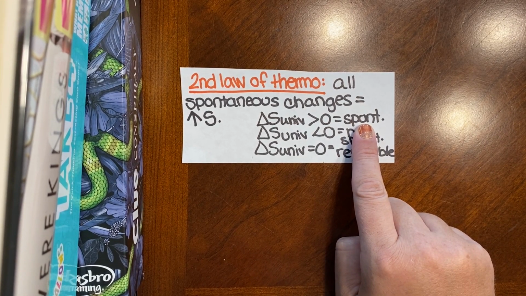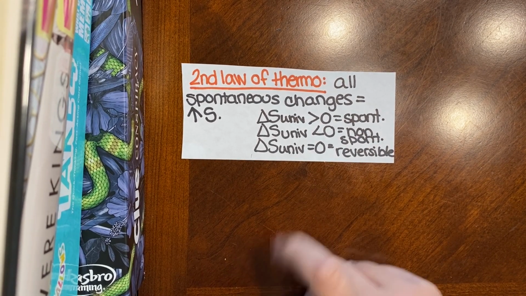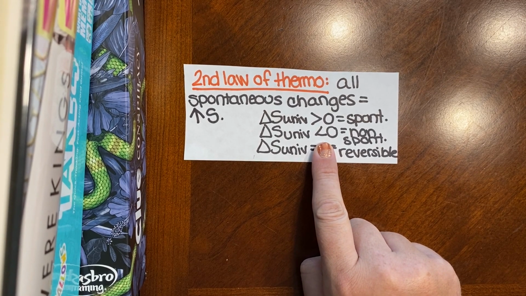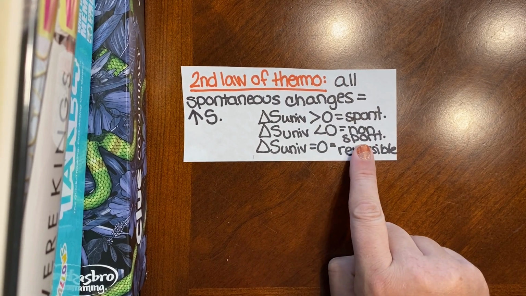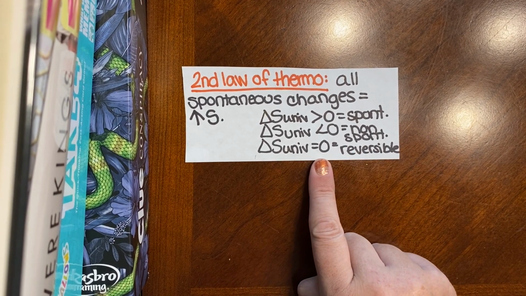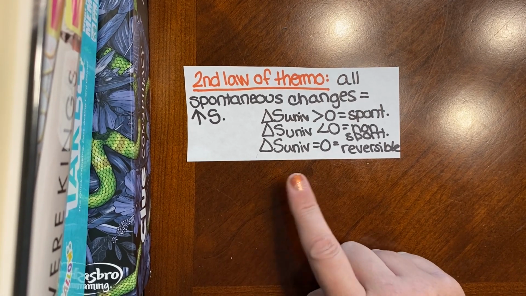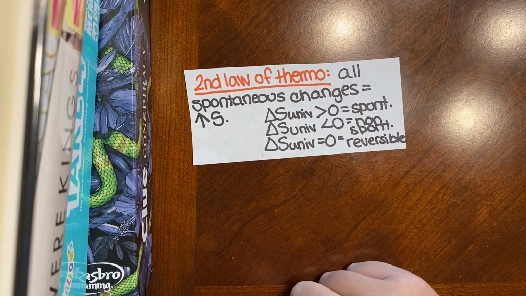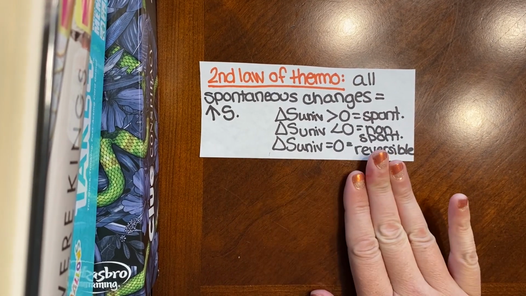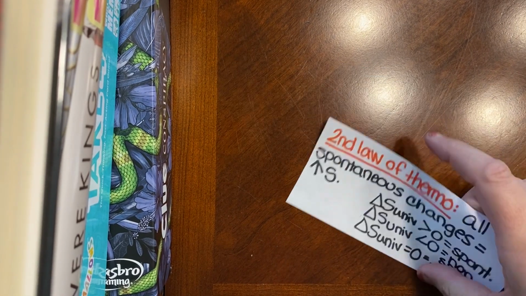So if you have a positive ΔS, it's going to be spontaneous. If the change is less than 0, so a negative ΔS, it's going to be non-spontaneous. And then if it is 0, that means they're at equilibrium. And in the last video, we said that if it's at equilibrium, it's going to be a reversible process where you can go back and forth between the reactants and the products.